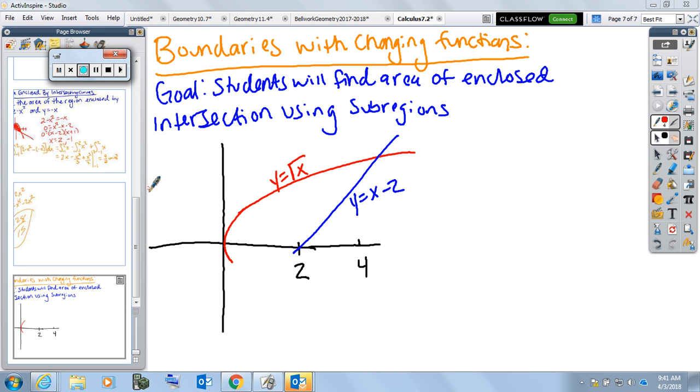The question is going to focus on: find the area of the region R in the first quadrant that is bounded above by y equals root x and below by the x-axis and the line x minus 2. Okay? And so we really are trying to focus on basically the entire region enclosed all through here.